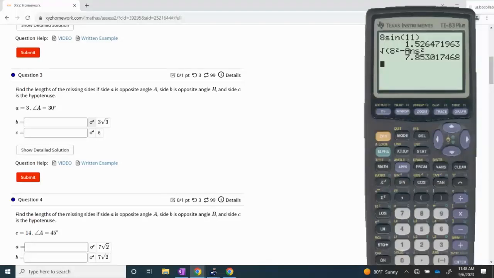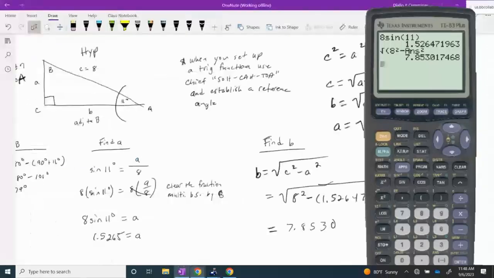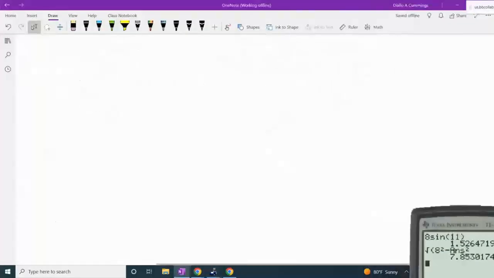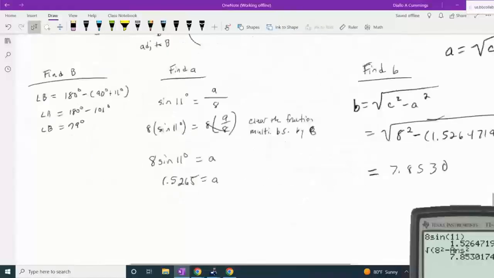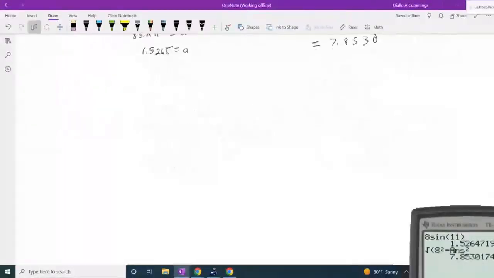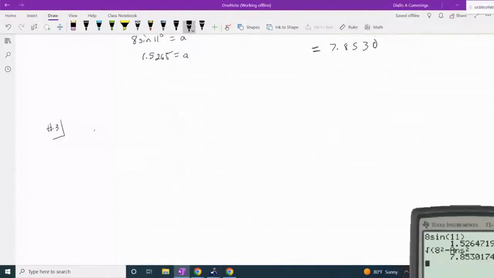A is equal to 3, and angle A is 30 degrees. So I'm going to sketch this one out.